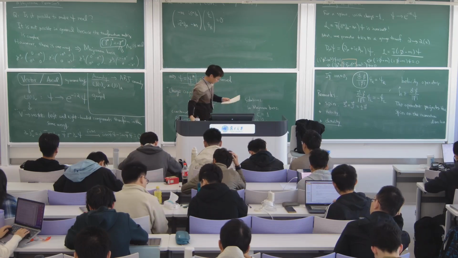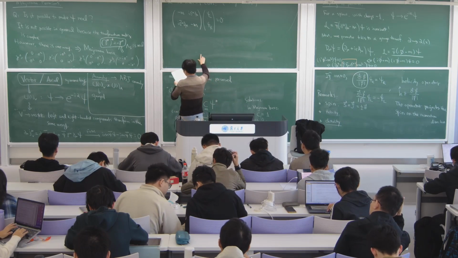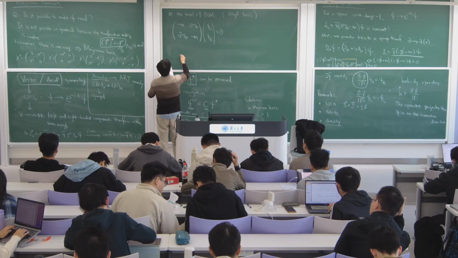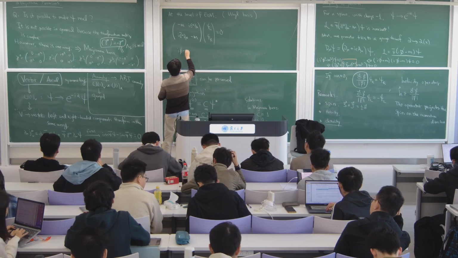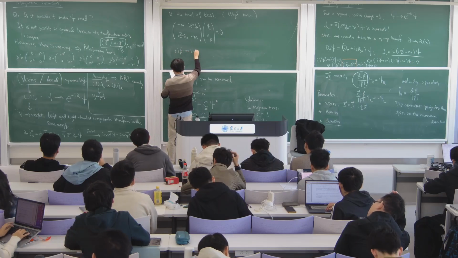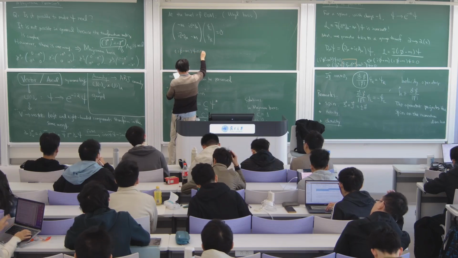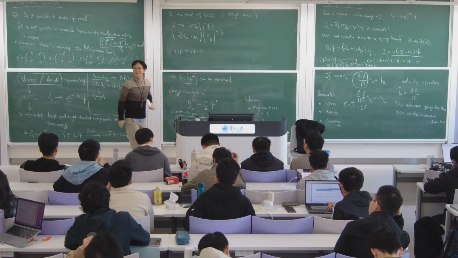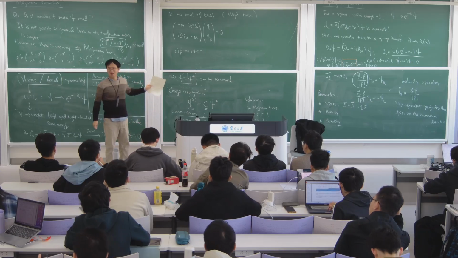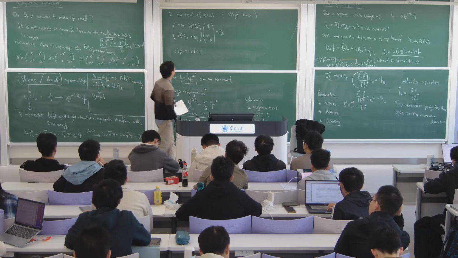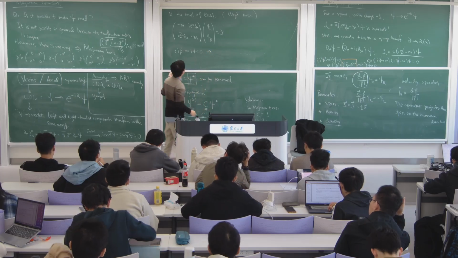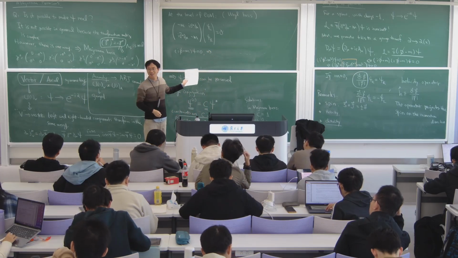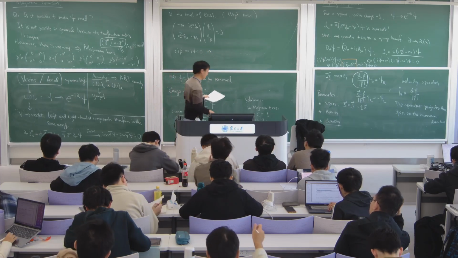Let's justify this a little bit. For example, we start from the equation of motion (i partial slash minus m) psi equals 0. Okay? We start from here, and let's take the complex conjugate of everything.